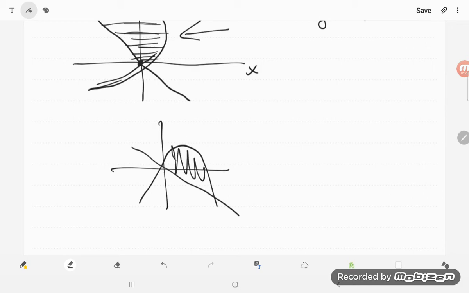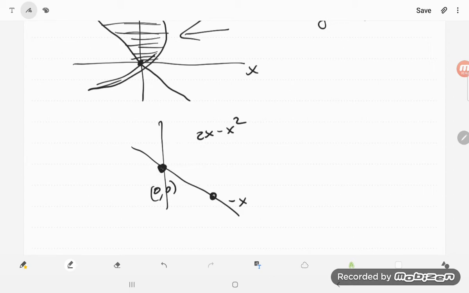Okay, I want to find that area that has that function. I'm going to multiply through, so that's 2x minus x squared on top and minus x on the bottom. Now, I know that's at 0, 0. The question is, where do they match up down here? What's that x? Oh, shoot. That's what happens when you hit the little button on the pen.